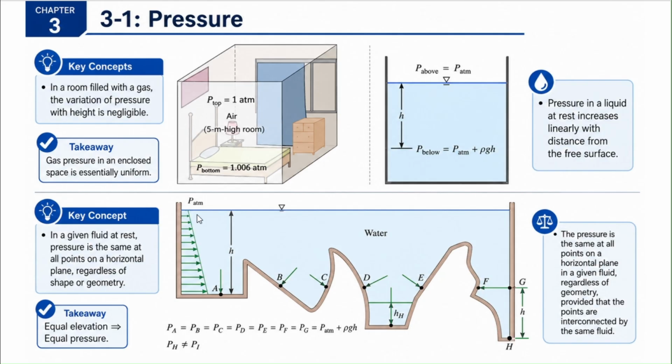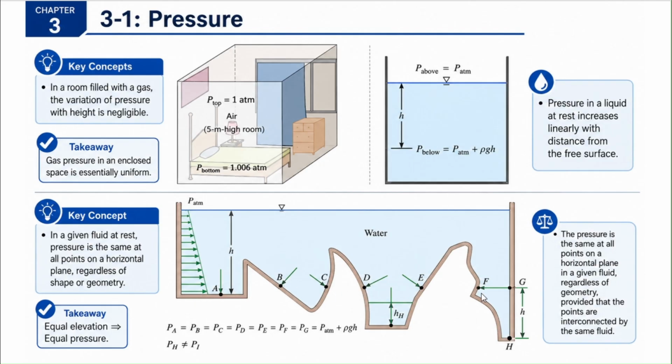In liquids, pressure variation with depth is significant because liquid density is much larger. The pressure at depth h below a free surface is P equal to P atmospheric plus rho gh. The pressure also remains constant along a horizontal plane in the same connected static liquid.